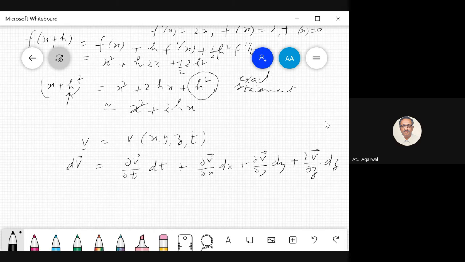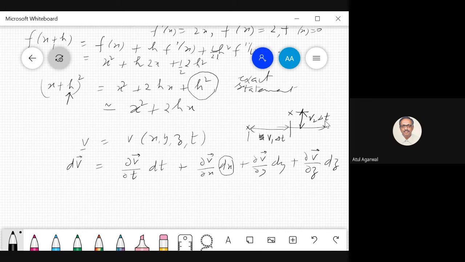Now what is this dx? Your particle was initially here. After time delta t it goes here. So what is this change in x coordinate? It will be x component of velocity. Suppose your velocity x component is v1 into delta t. That will be the change in x coordinate. What will be the change in y coordinate of the particle? v2 delta t.